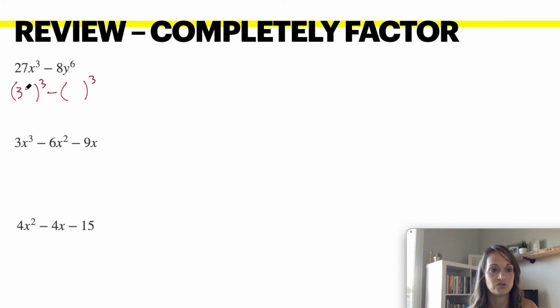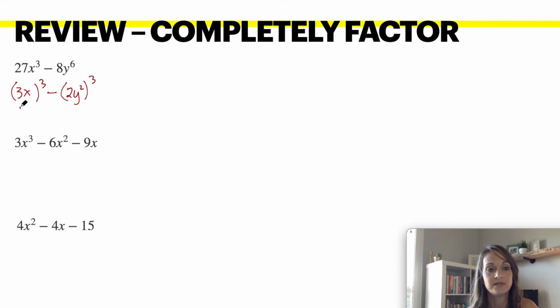And the answer is 3x because 3 cubed is 27. And this would be 2y squared because y squared cubed is what gives you 6. Anytime you have an exponent on the outside of a parentheses, you would multiply the exponents. 2 times 3 is 6.